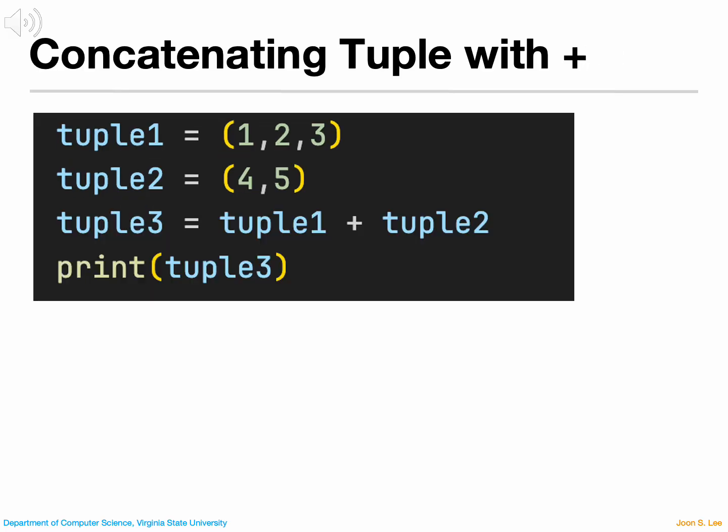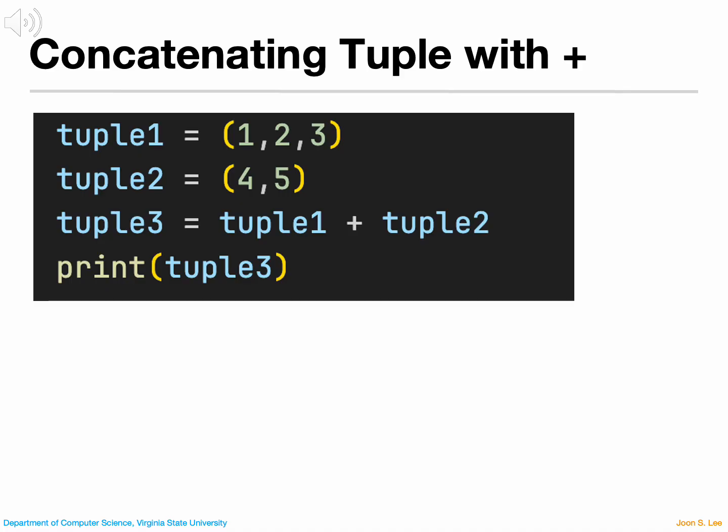Another way to combine tuples is by using the plus operator. In this example, we start with 2 tuples, tuple 1 containing 1, 2, 3, and tuple 2 containing 4, 5. When we use the expression tuple 1 plus tuple 2, Python joins the two together and produces a new tuple, 1, 2, 3, 4, 5.